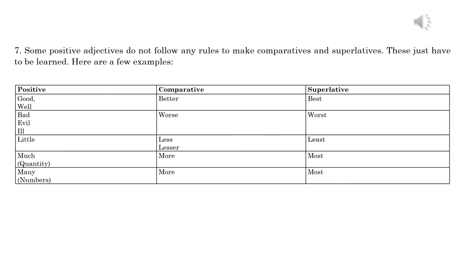Positive, good or well; comparative, better; superlative, best; positive, bad or evil or ill; comparative, worse; superlative, worst; positive, little; comparative, less or lesser; superlative, least; positive, much as in quantity; comparative, more; superlative, most; positive, many as in numbers; comparative, more; superlative, most.